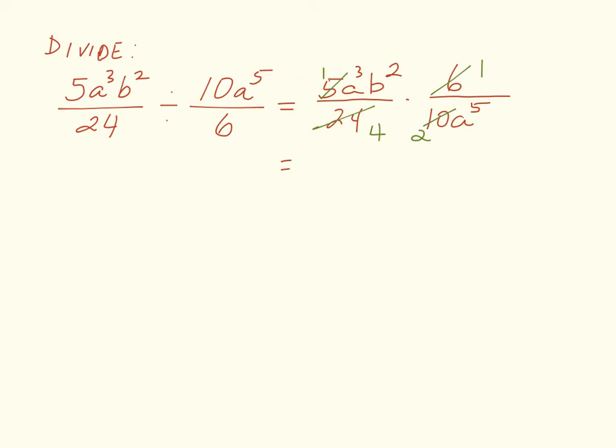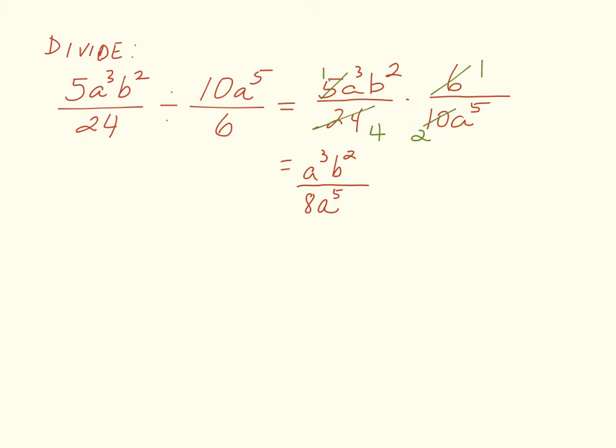Then I say let's write it again so we don't lose track of what we're doing. So what do we have in the numerator now? We have a cubed b squared, that's it for the numerator, over 4 times 2 is 8, a to the 5th. Now, we want to cancel whatever we can cancel.